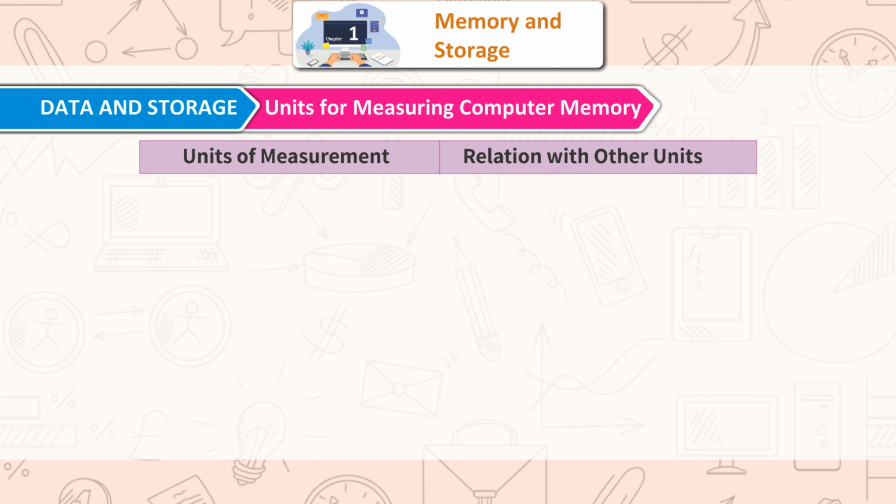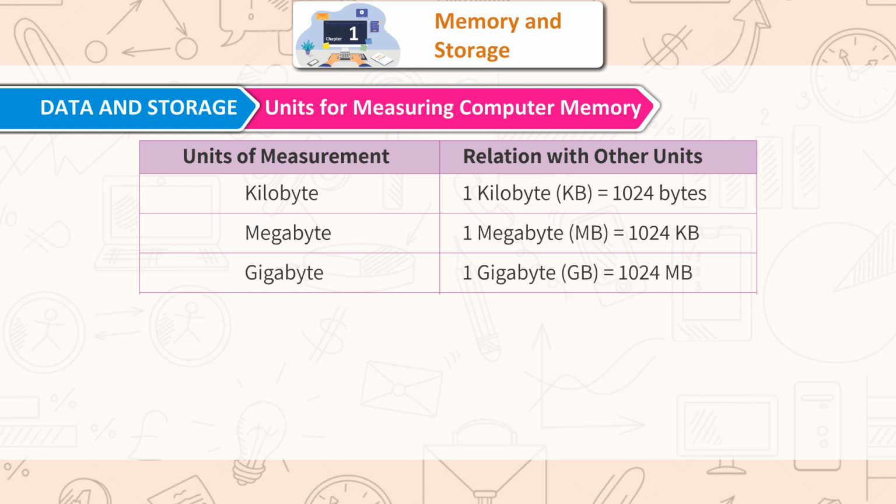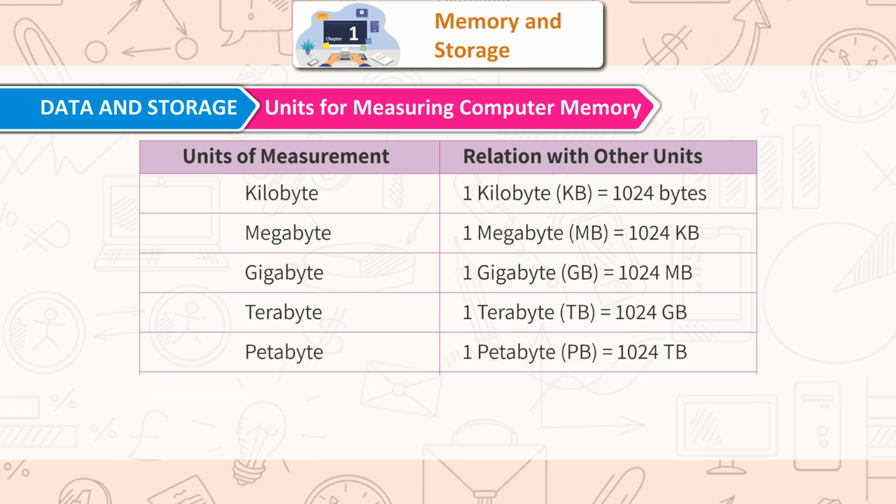Units of measurement, relation with other units. Kilobyte. 1 kilobyte equals 1024 bytes. Megabyte. 1 megabyte, MB, equals 1024 KB. Gigabyte. 1 gigabyte, GB, equals 1024 MB. Terabyte. 1 terabyte, TB, equals 1024 GB.